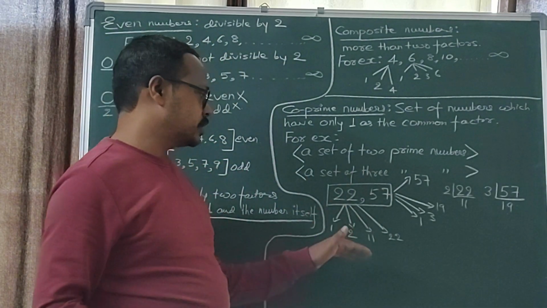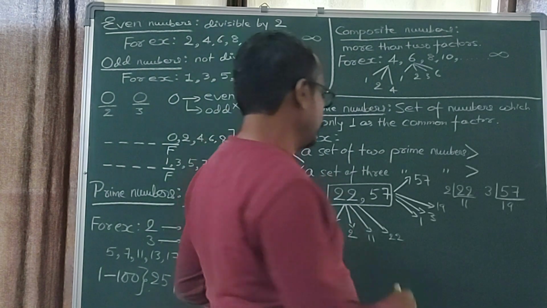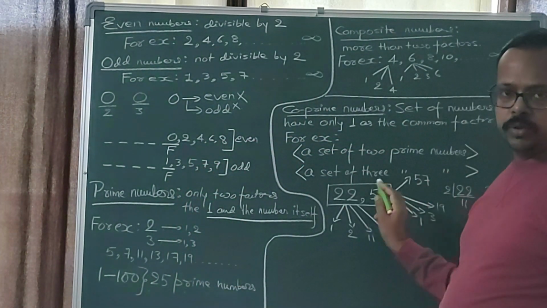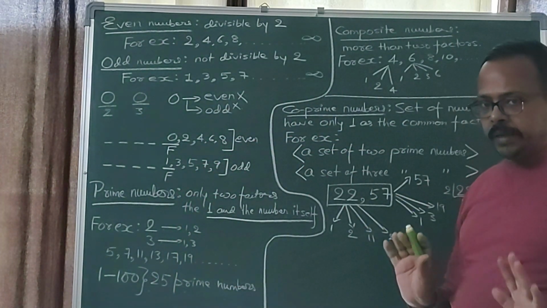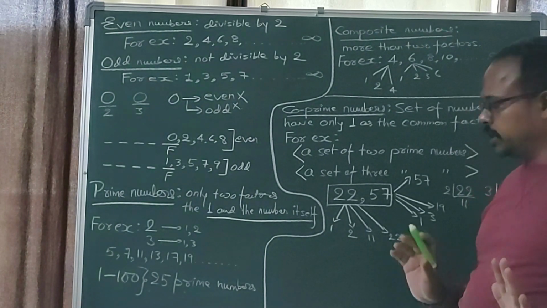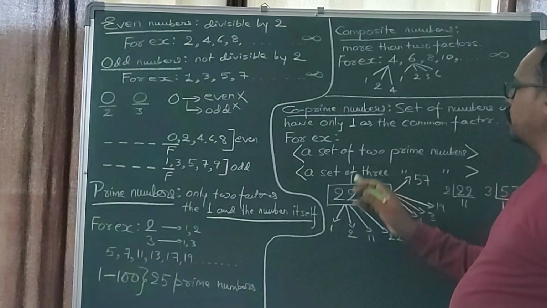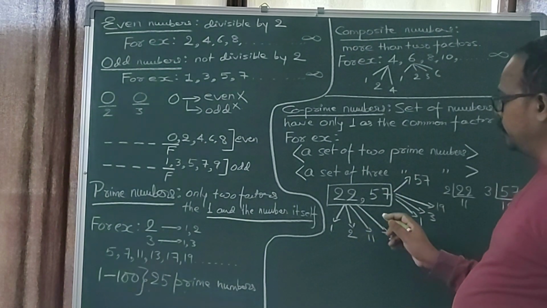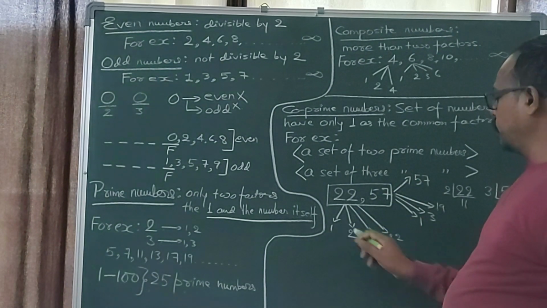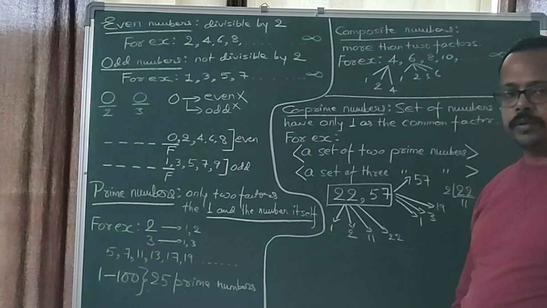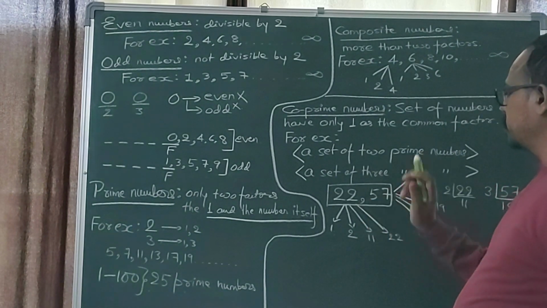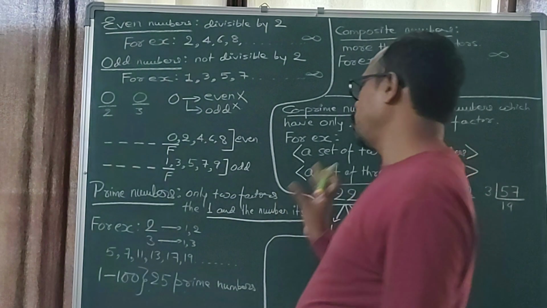Why are they co-prime? Because between these two numbers, we don't find any factor which is common other than 1. 1 is definitely common, but we are looking for factors other than 1. So we don't have any factor. So 22, 57 is an example of co-prime numbers.